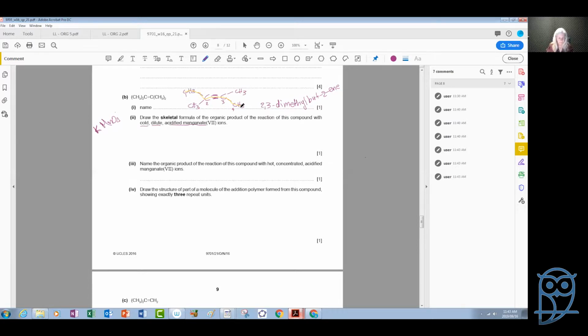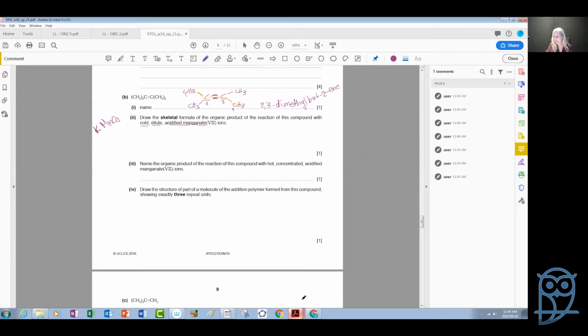And here it's exactly that. It's just that the example of the alkene involved in this question is a bit different. It's bigger than the example of alkene that they have in the book. So we need to bear this in mind.